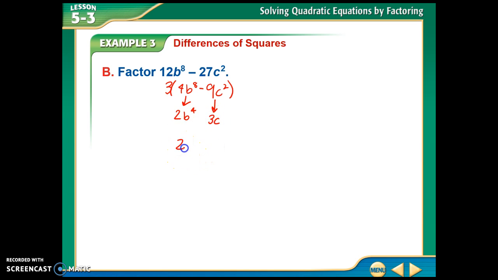So my pattern: I've got 2b to the 4th plus 3c, 2b to the 4th minus 3c. But I'm not done yet. If I multiply this out, I'm not going to get back where I started. You can't forget your GCF. That comes down with it too. Now if I multiply all this out, I'd get back to where I started.